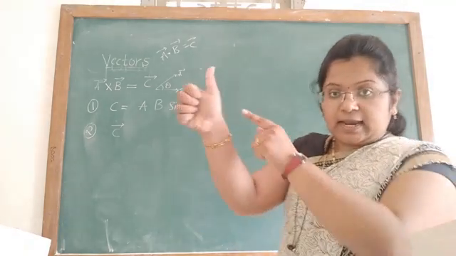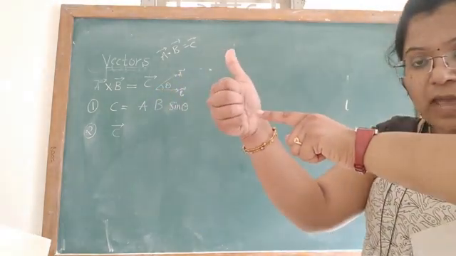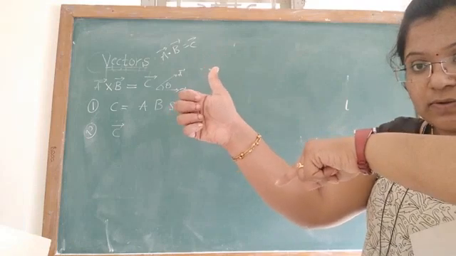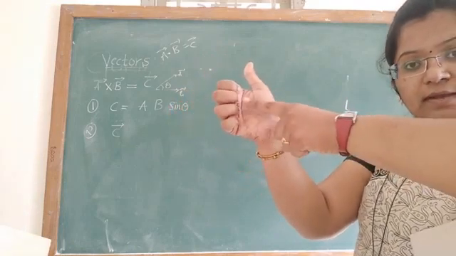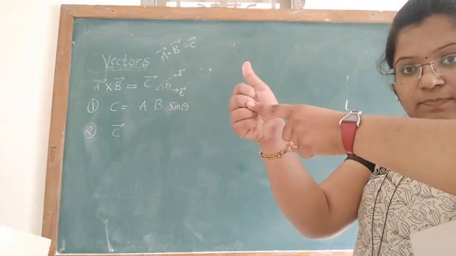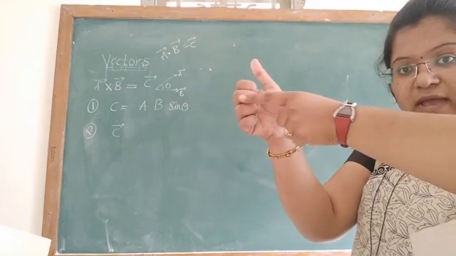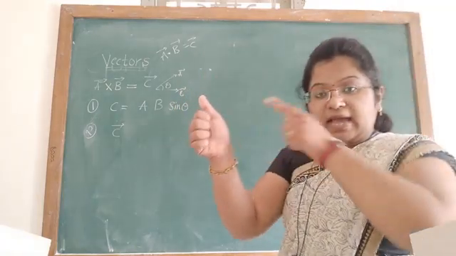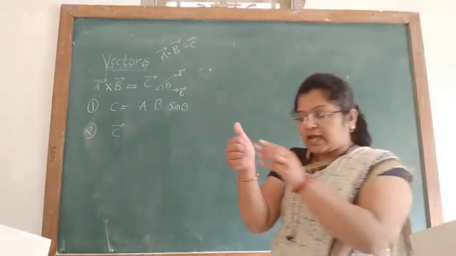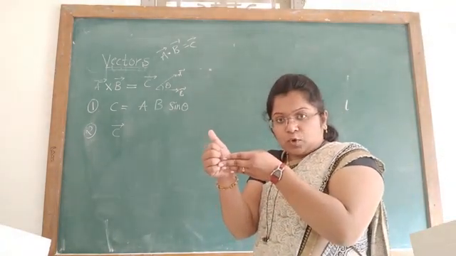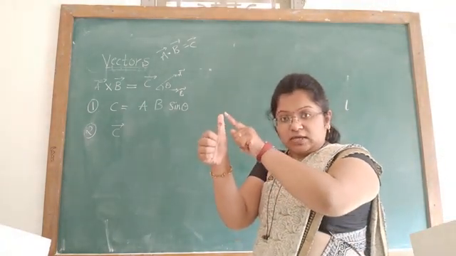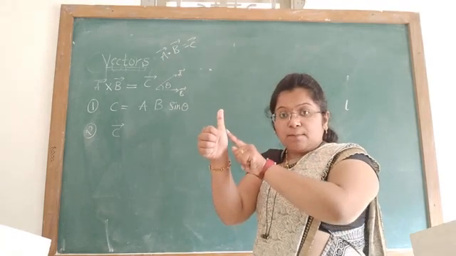See here, A and B. I am holding the hand like this. Here we have A and here we have B, or here we have B and here we have A. This means A and B are lying in the same plane. But C is above, perpendicular.